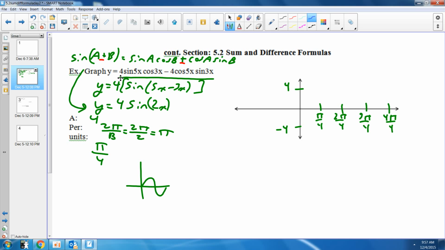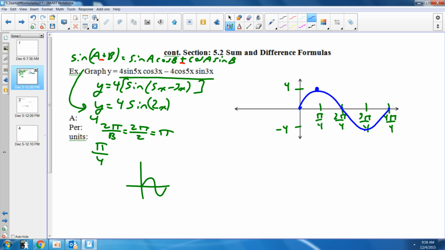Once you have those in place, you then just mark the dot on a positive sine. So it's a little bit of a review in terms of graphing and using the identity at the same time: recognizing the identity, simplifying it, and then graphing the equation.